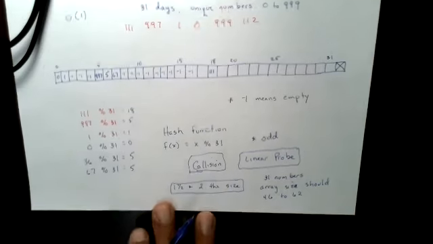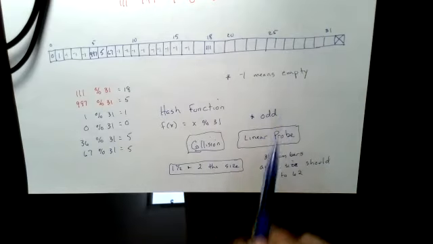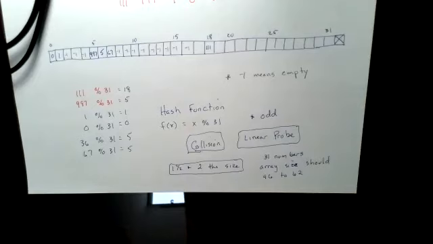So if I want to pick an appropriate array size to store 31 numbers, what array size would you like to use? Pick one between 46 and 62. Anybody pick one? I'm going to say yes or no. 62.